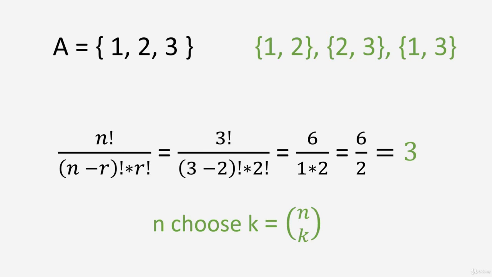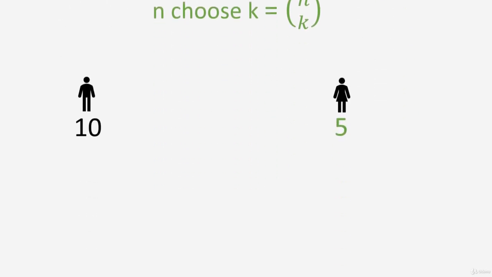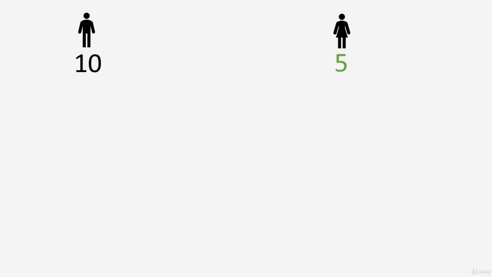Let's look at another example. Imagine that you have a group of 10 boys and 5 girls, and you want to choose 2 girls and 1 boy. How many options do you have when you don't care about the order? You can once again pause the video and try to do this on your own. So, let's split it into 2 tasks.